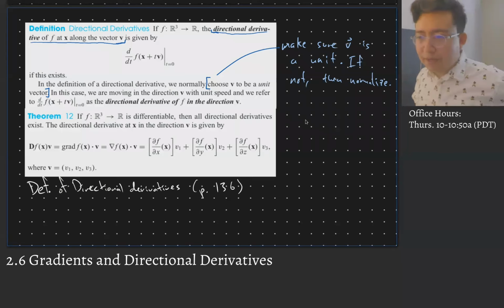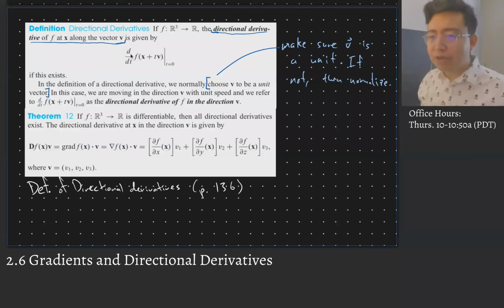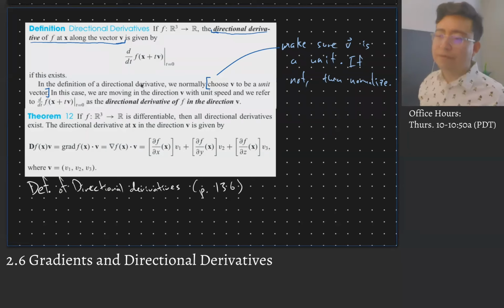Okay. Now, the second thing that's here: this was the definition, which was this limit derivative, but like I said, we're not going to focus too much on it. What I want us to use to actually compute the derivative is this formula down here.